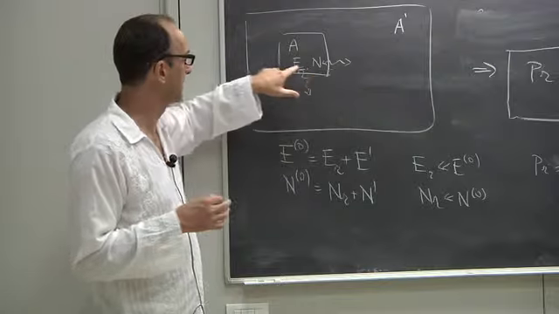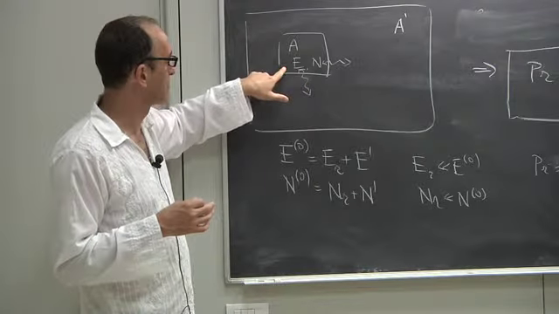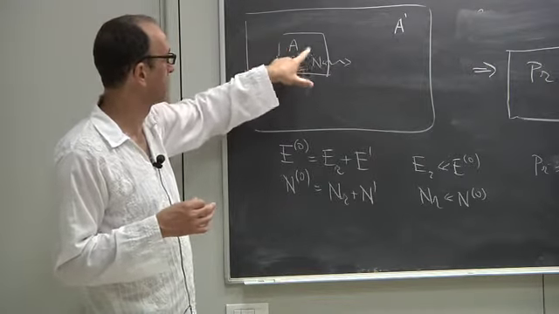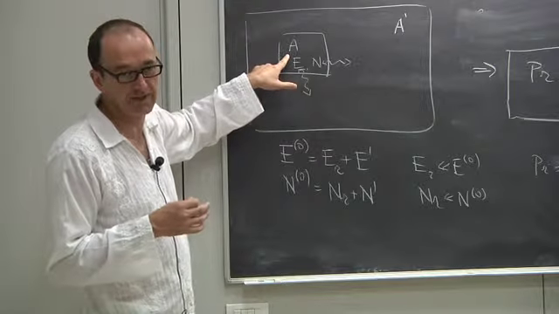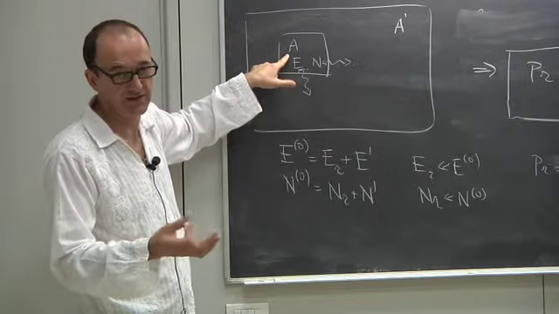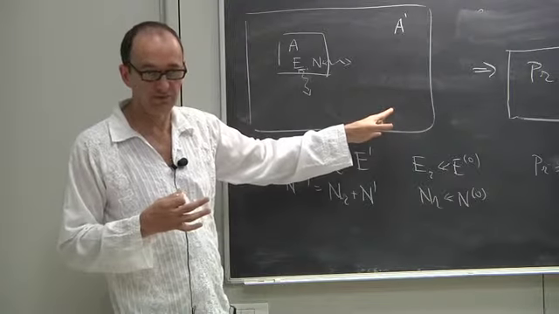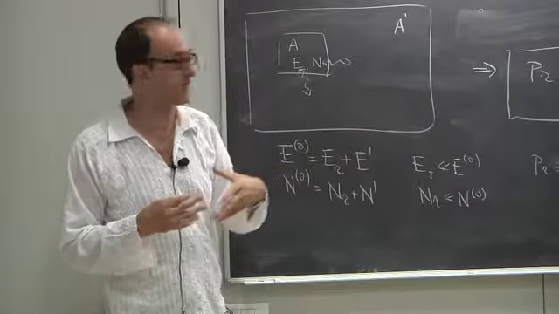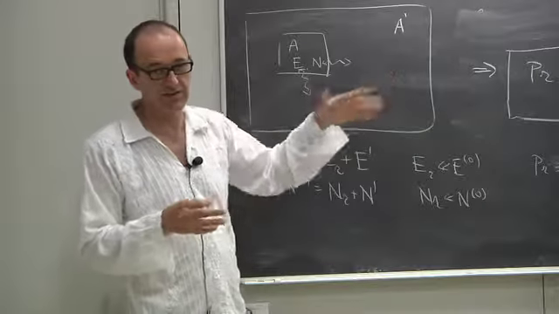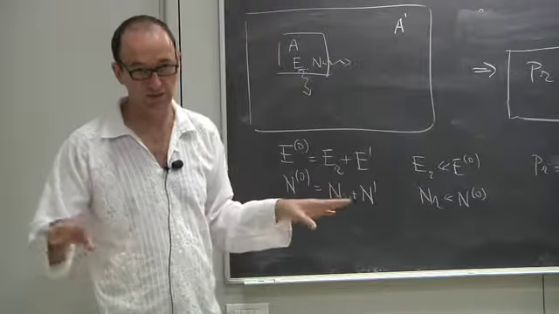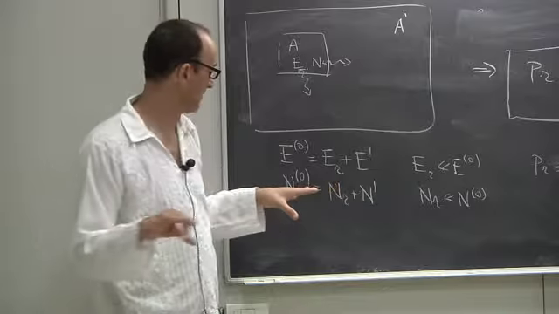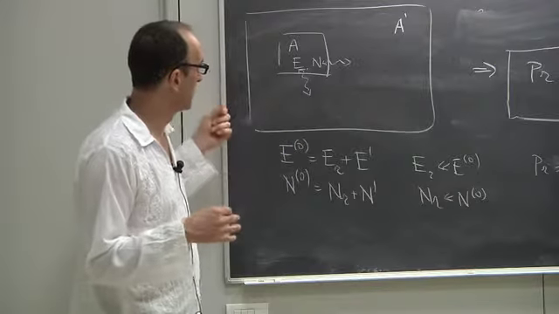So in order to assess the probability of the system being in a state R, you have to consider the combined system, because the states of the combined system are equiprobable.